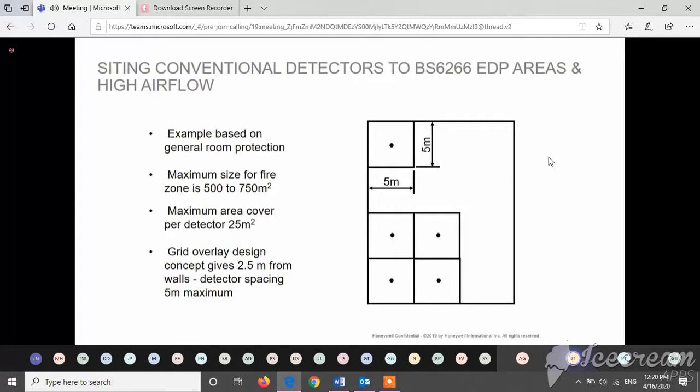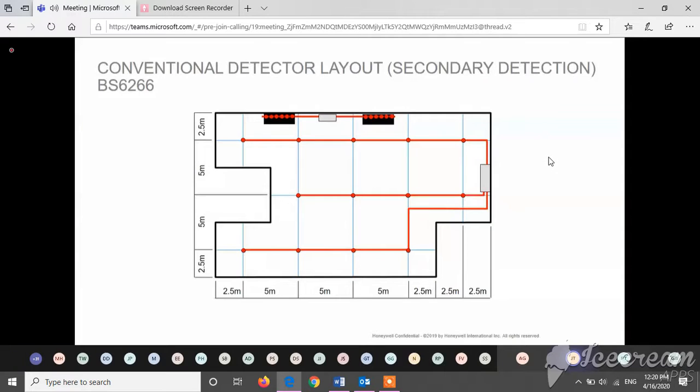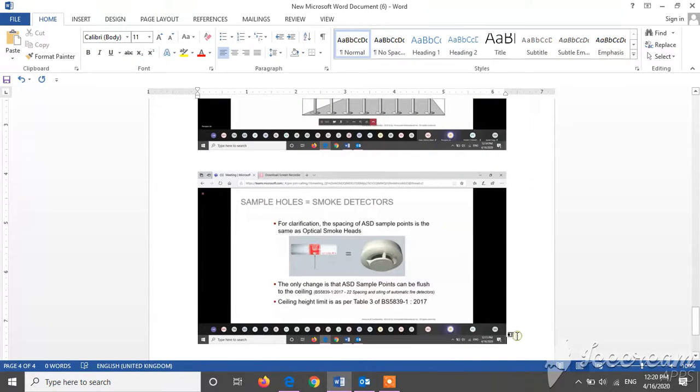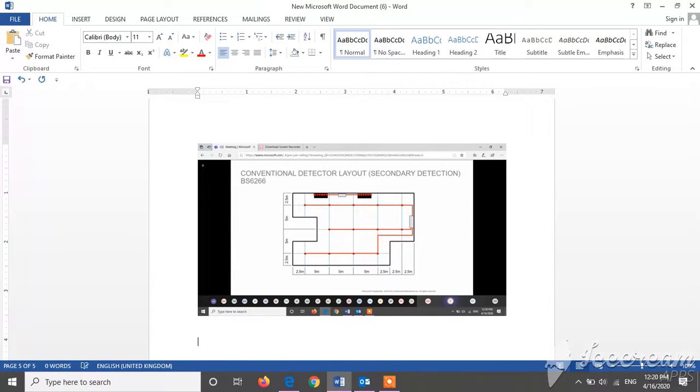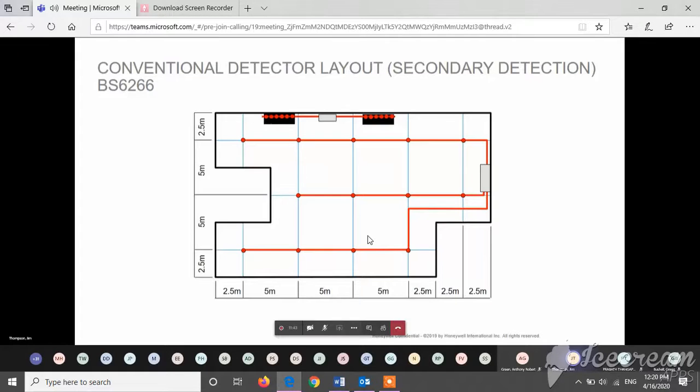If you used a Vesda, I'll go on to my next slide, then you would just divide the room up, and wherever you would typically have this 25 square meter or 5 by 5 ideally grid, you'd have a hole in the pipework. If this particular room was deemed a high or critical risk, we'd also want to cover the air handling system.